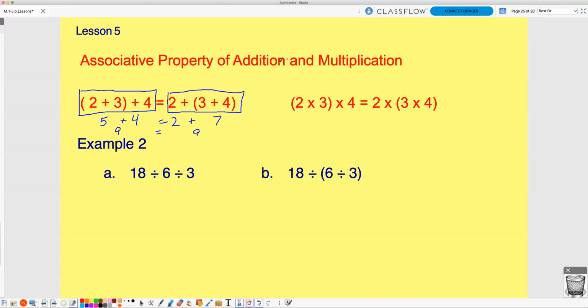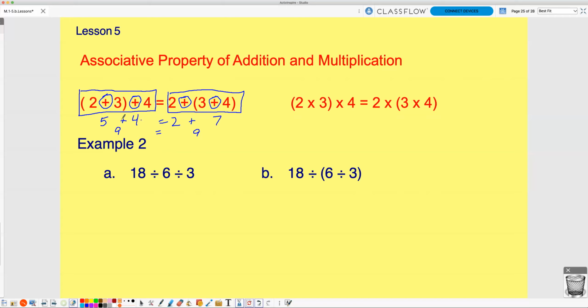So the associative property of addition in this case is that if you have the same digits and all it is is addition, addition, there's no change in the operation. And they're all the same digits. It doesn't matter what order you do these in. If all of it is addition and it's the same exact order of your digits, 2, 3, 4, it doesn't matter if we did this group first or this group first.